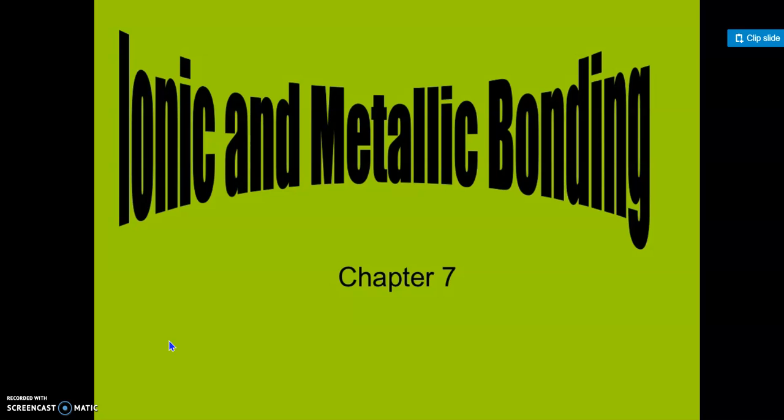Thus, the electrostatic attraction between the oppositely charged ions, that is positive charge ion and negative charge ion, results in the formation of a bond called an ionic bond. An ideal example of ionic bond is between sodium and chloride. So ionic bond is a simple attraction between positive and negative ion.